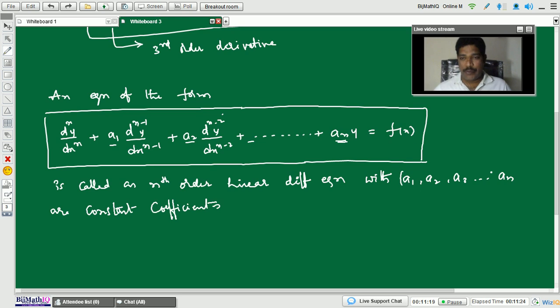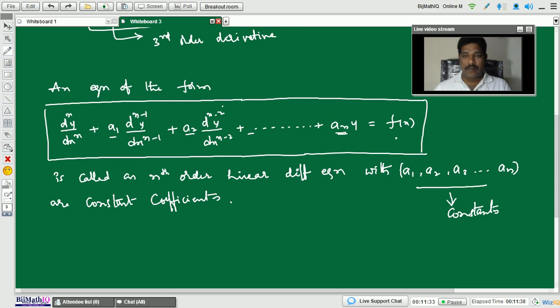Because here a1, a2, a3, an, all these are constants, this is called an nth order linear differential equation with constant coefficients. The right side is some function f of x, a function involving the variable x.